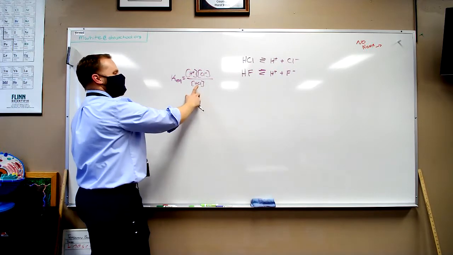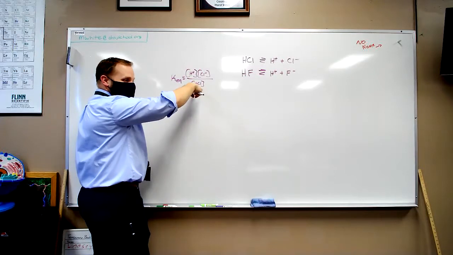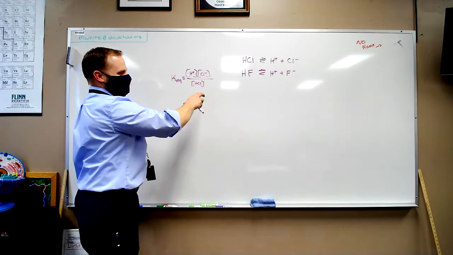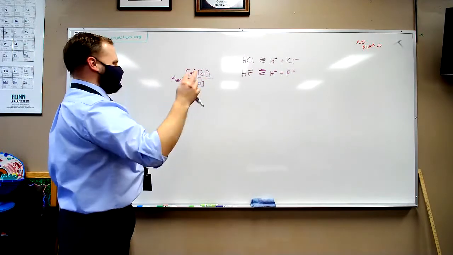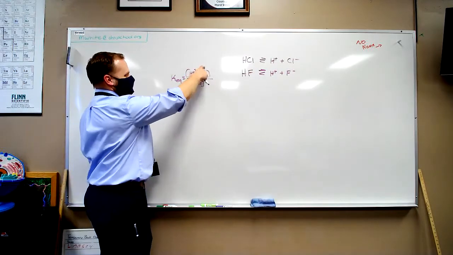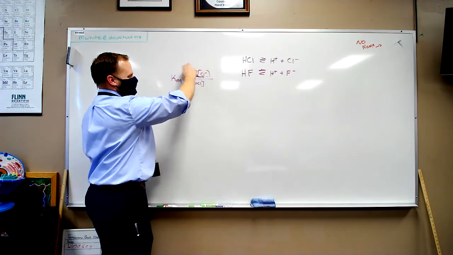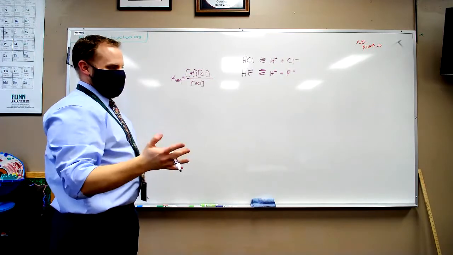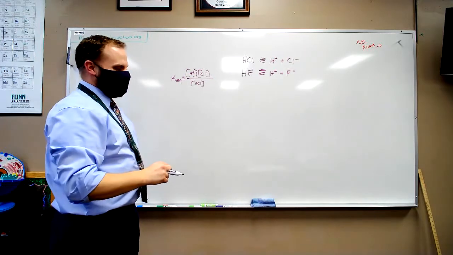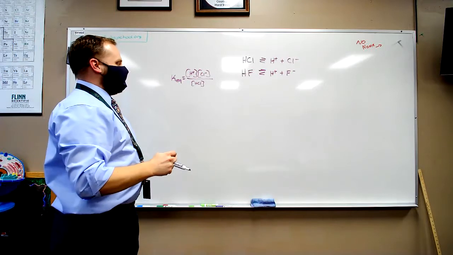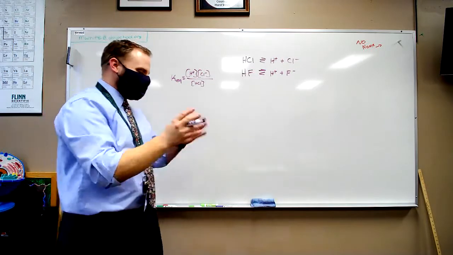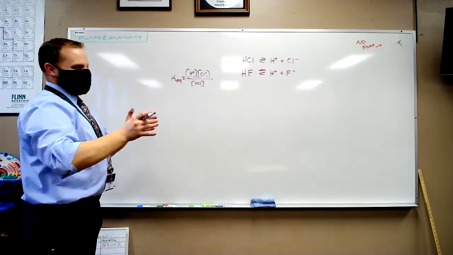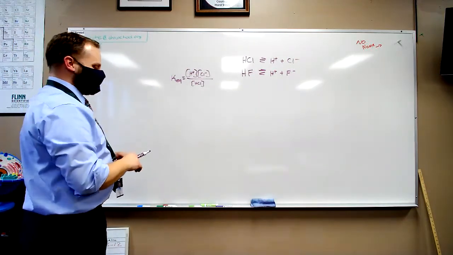And remember we said there's almost nothing of this left. This is a really, really small number. In fact, it's so small that pretty much everything is up here. Now it's not zero because, number one, that would make the math not work because you can't divide by zero. We know that it's not 100% zero, but it's so close that we can pretty much just ignore it.